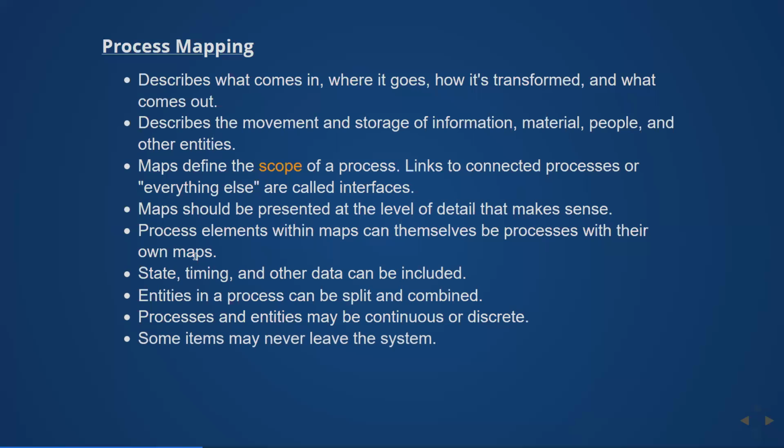It's going to deal with specific items that come and go. Some things that are moving within the system or some processes within it will never leave the system. So it's not always about stuff coming in and going out. It's about stuff changing and being used and doing different things.